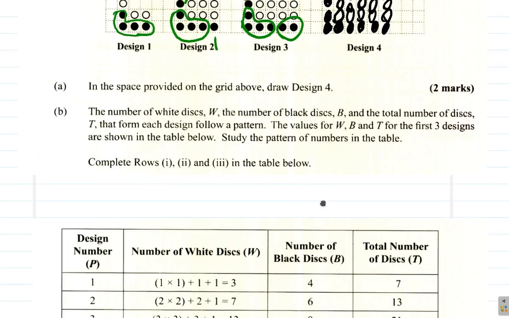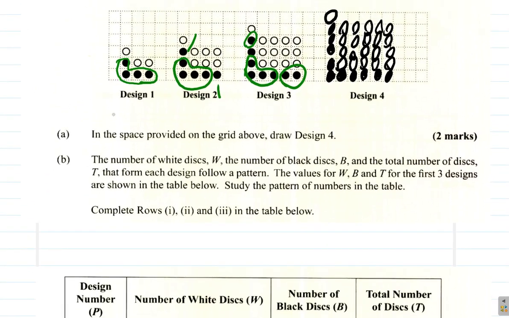Now, if this is 4 and this is 4 plus 1 plus 1, and this is 4 plus 2 plus 2, can we find some pattern and come up with the next one?